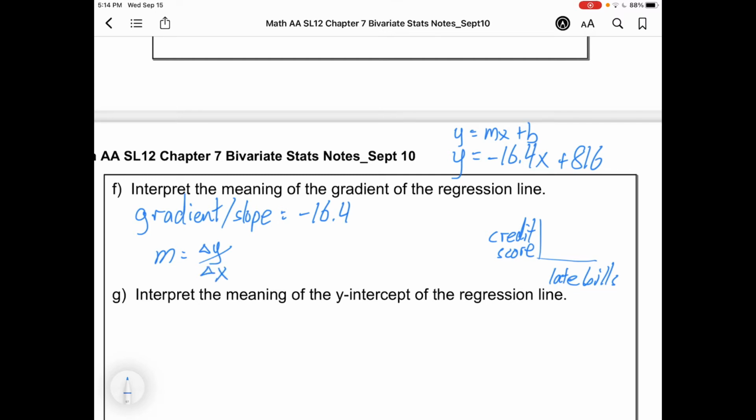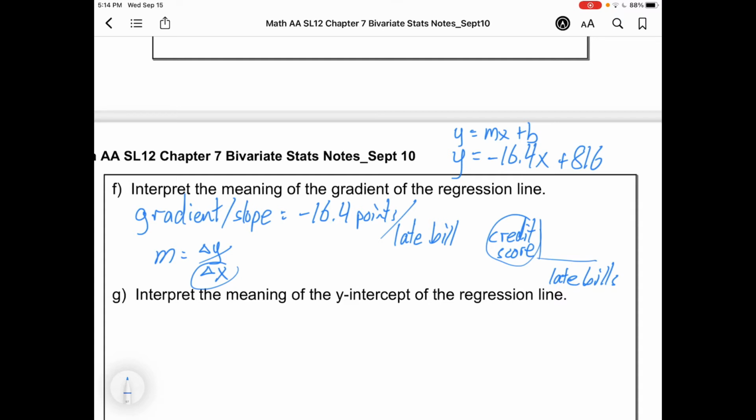So what are these things measured in? Well, this is credit score in points, and the x's are in late bills. The gradient has meaning.